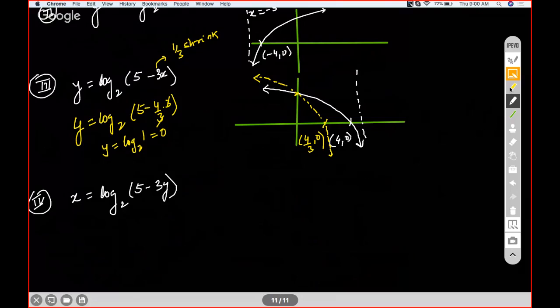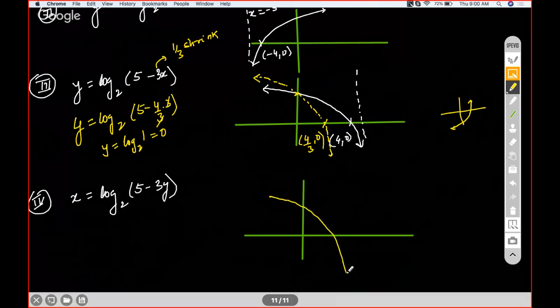First, reflect it about the x-axis, so that will look like this. And then rotate it 90 degrees anti-clockwise, so it will appear like this. Now this point will become 0, 4 by 3. So this is the final answer.